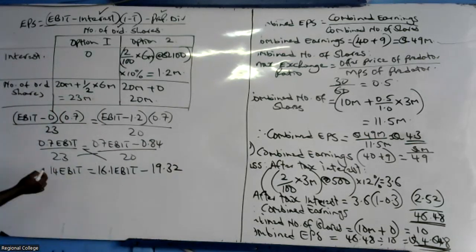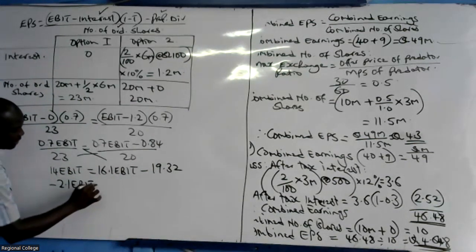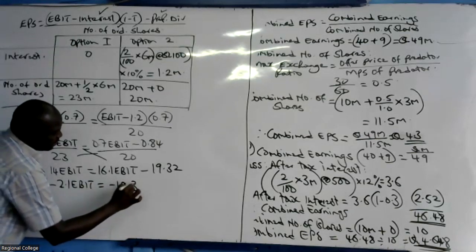So 14 minus 16.1 is negative 2.1. So negative 2.1 EBIT equals negative 19.32.